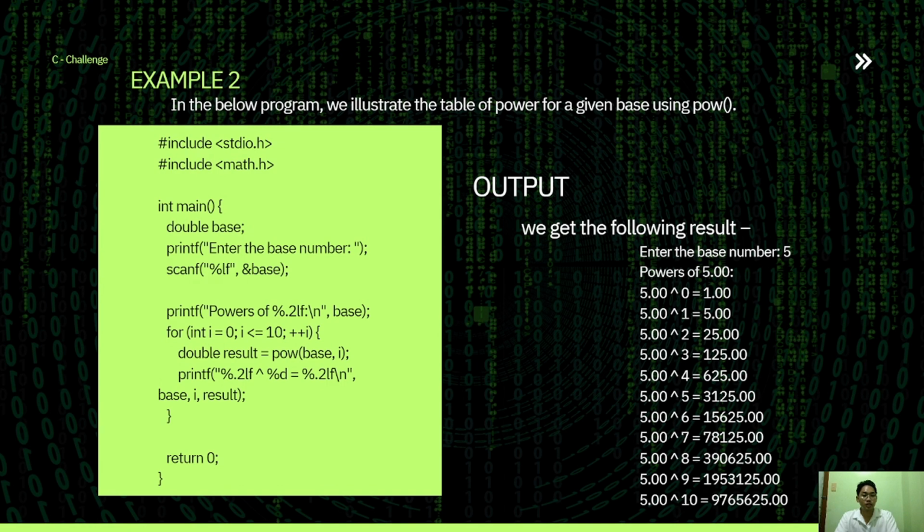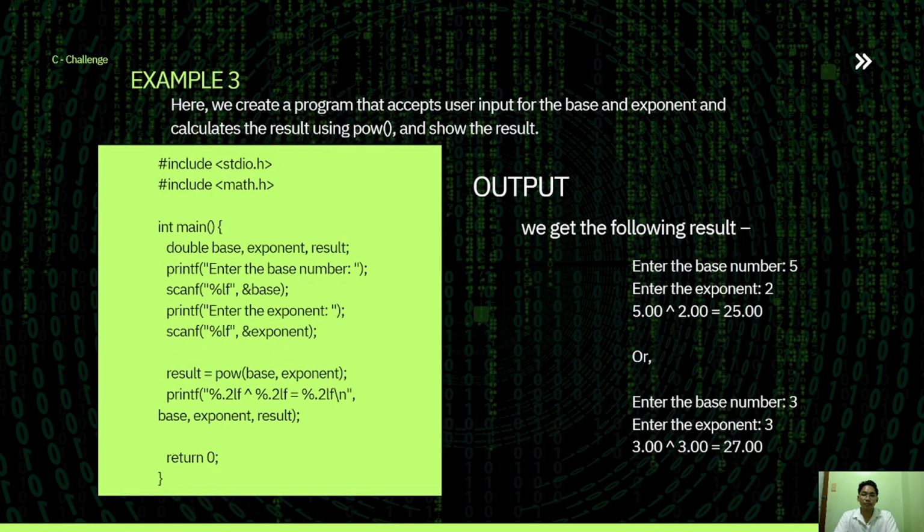It starts with 5.0 raised to 0, up to 10. The result: enter the base number 5. So 5 raised to 0 is 1, 5 raised to 1 is 5, and so on, until 5 raised to 10 is 9765625.0.